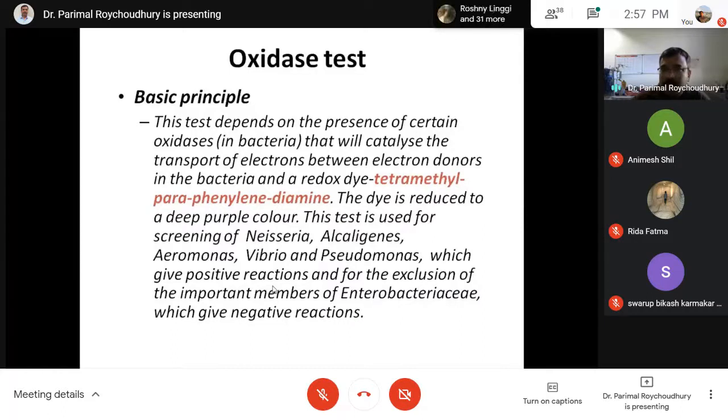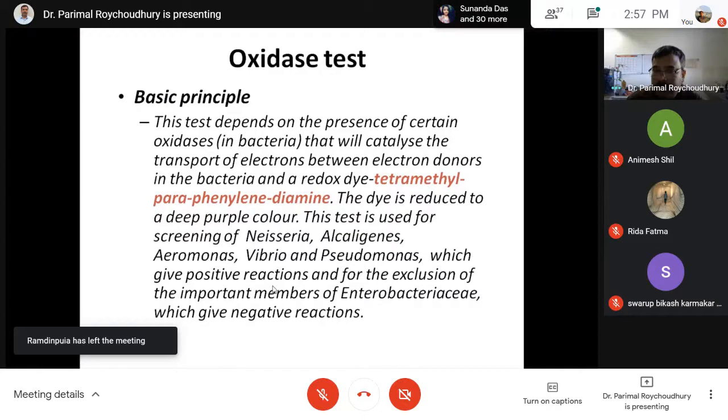These oxidase enzymes are allowed to react with our substrate, called tetramethyl paraphenylene diamine. This is a colorless compound. So when this colorless compound comes in contact with the oxidase, immediately deep purple color formation takes place. So we can get the result instantly.